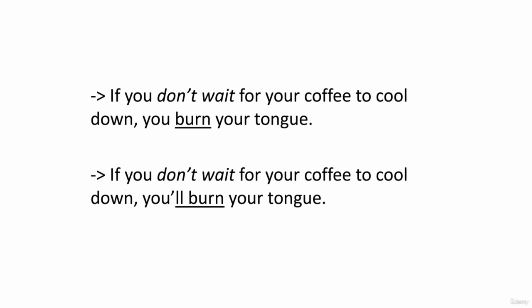In the second example, which is in the first conditional, the speaker is indicating a particular situation, one which is happening now, in which someone might actually burn their tongue in the close future.